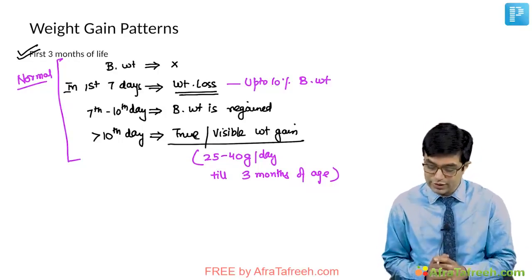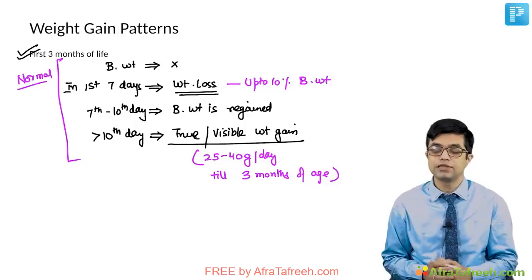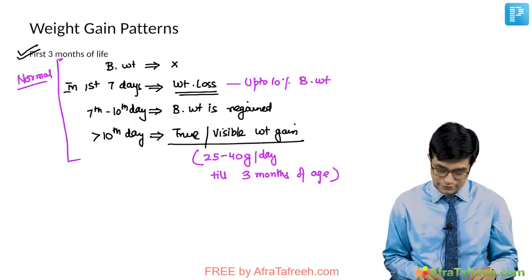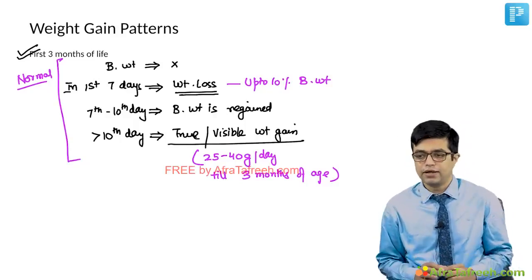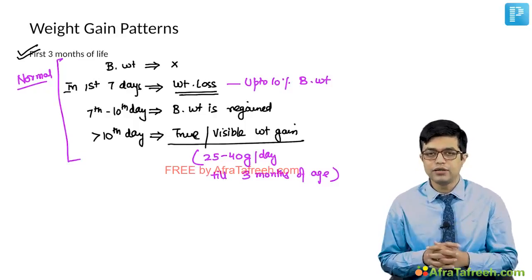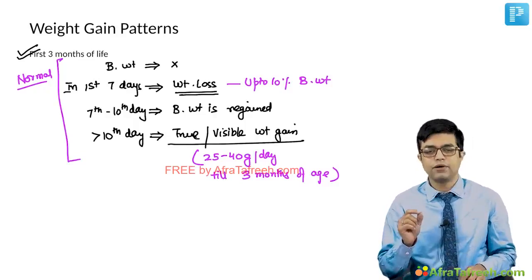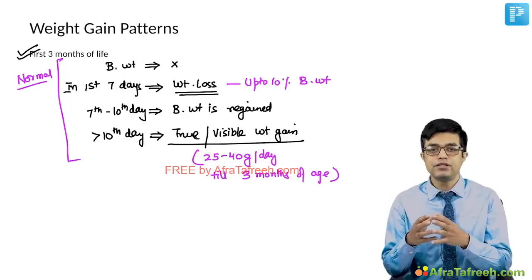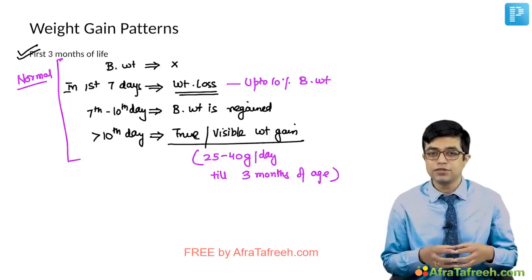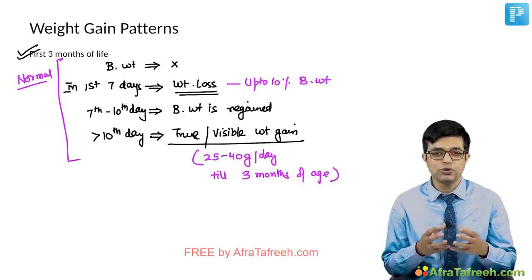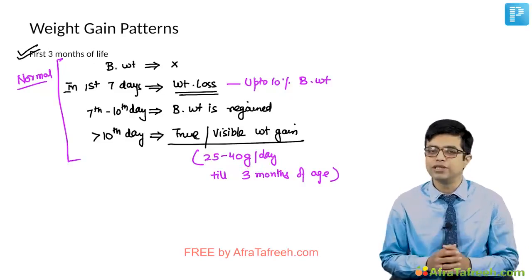Now the question arises, why does a weight loss happen in the first few days of life? There are many reasons for that. It is a multifactorial process. First of all, every child, whenever he is in a fetus form, has a lot of subcutaneous edema fluid present.